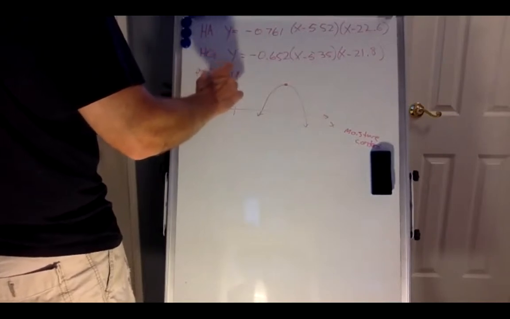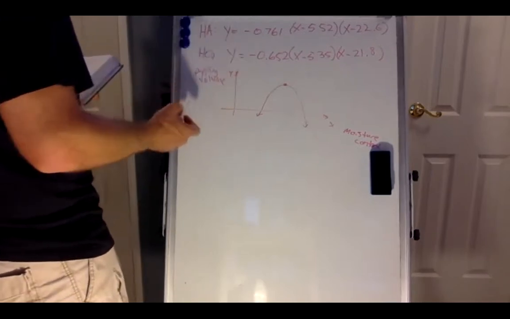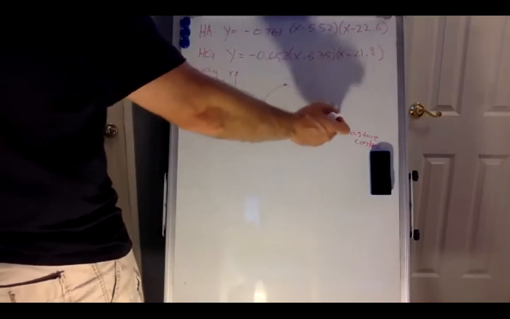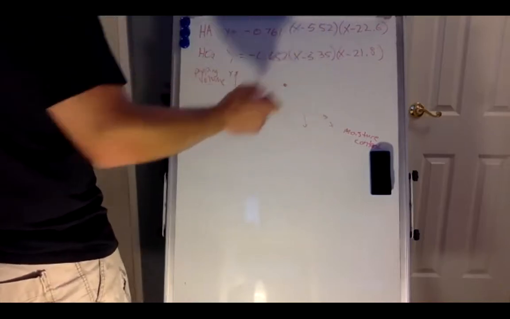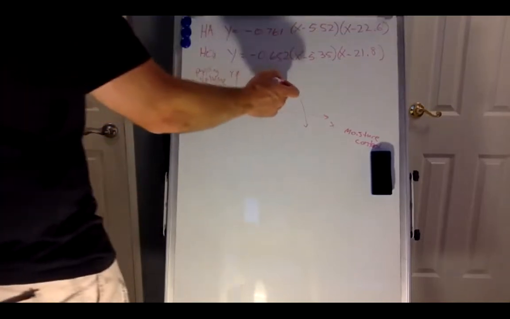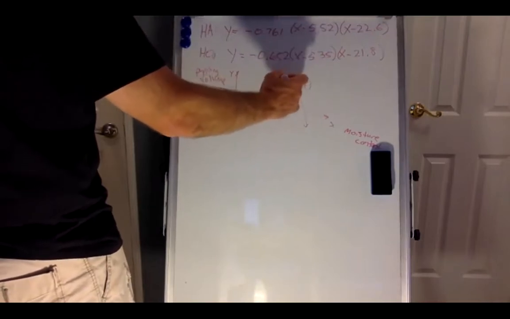That's what makes the problem tricky, remembering what stands for what. They're looking for the X value at the maximum popping volume, and then they want the maximum popping volume. So they want the X and the Y at the vertex.